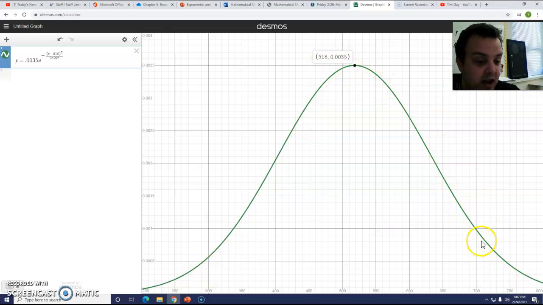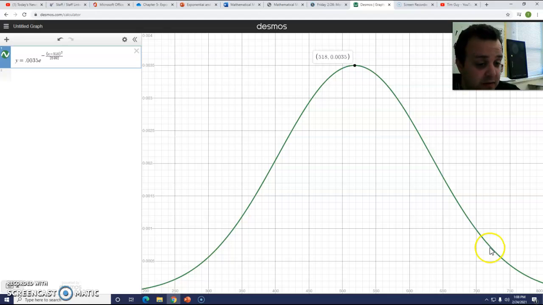So if we say that Mr. Guy scored a 720, we want to find 720, so that's going to be about here. And we want to think of what percent of the area from this point under is going to be there, and that would tell us what percentile this score falls in and how many people we expect that to be better than, okay?